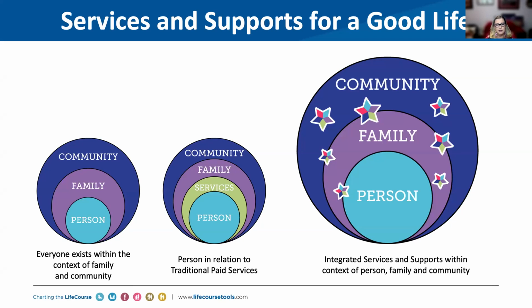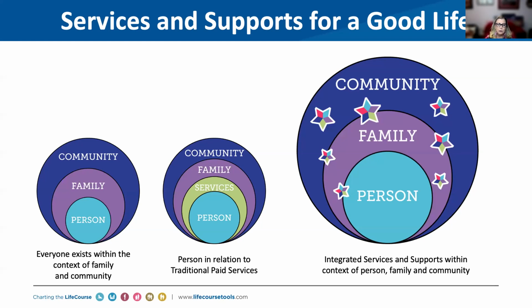So if you look at the figure in front of you on the far left, the small circle on the far left, you see an image that represents that every one of us exists in the context of a family and a community. And we'll talk more about family in some of the upcoming slides, but that's all of us.